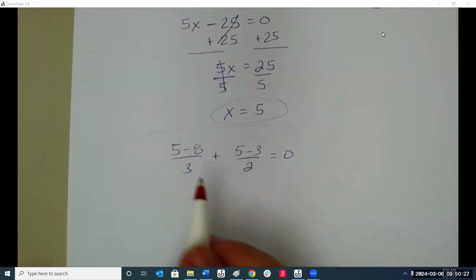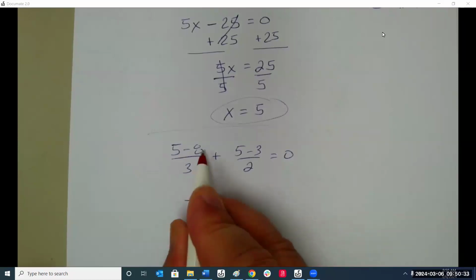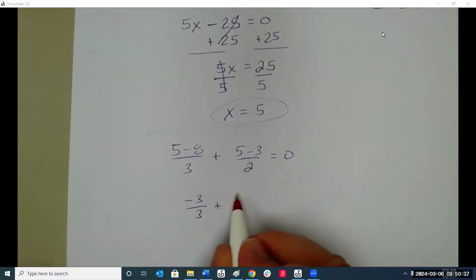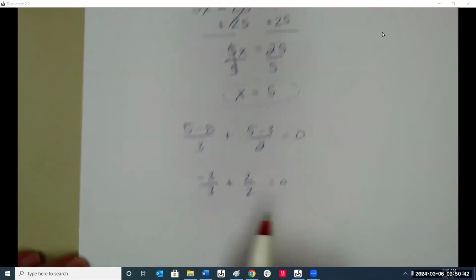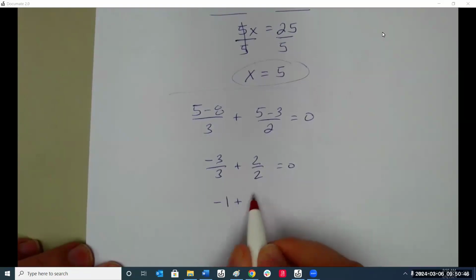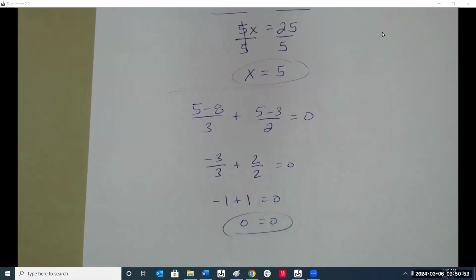This is from the original equation. So 5 minus 8 is negative 3, so it's negative 3 over 3. 5 minus 3 is 2 over 2. Negative 3 over 3 is negative 1. Plus 2 over 2 is 1. We get 0 equals 0, so that works. Pretty straightforward.